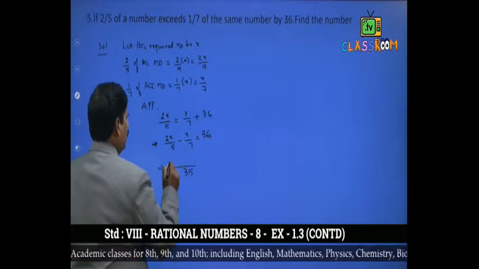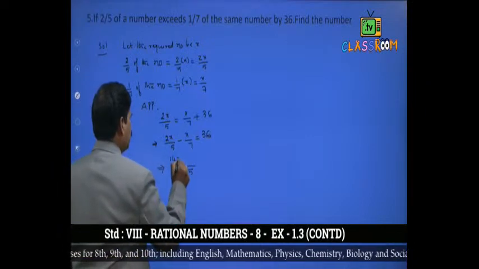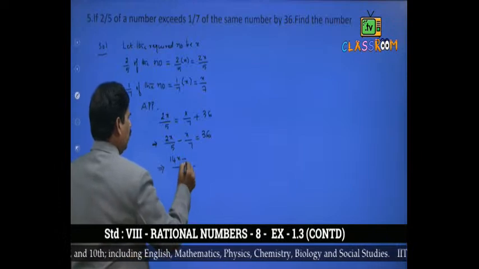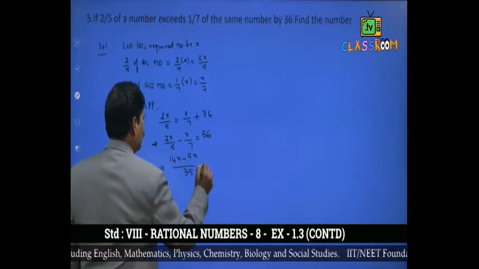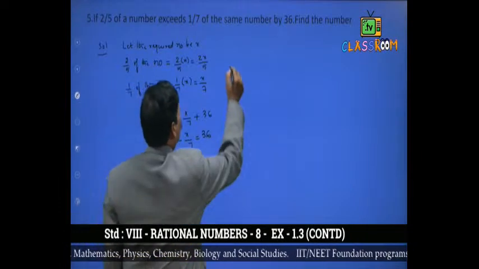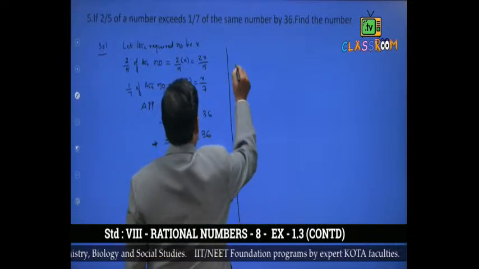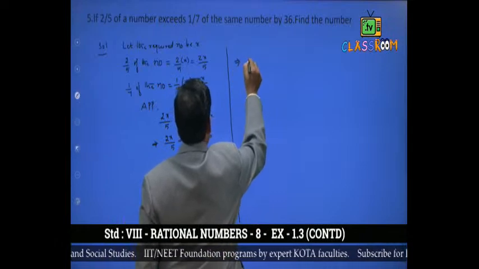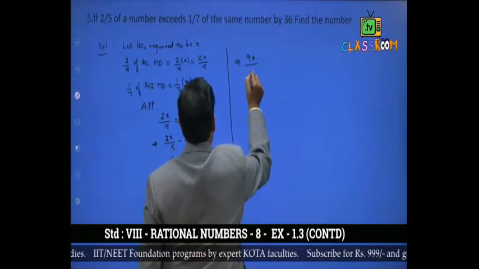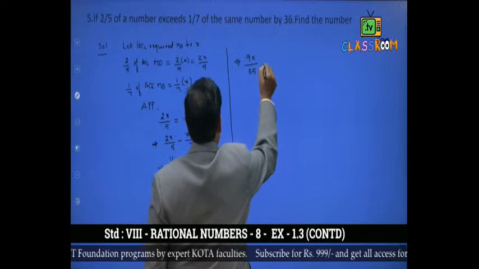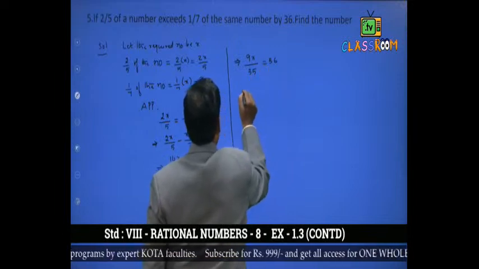Now 5 goes 7 times, 7 2s are 14x, minus 7 5s are 5x, is equal to 36. So now 14x minus 5x, that will be 9x by 35 is equal to 36.